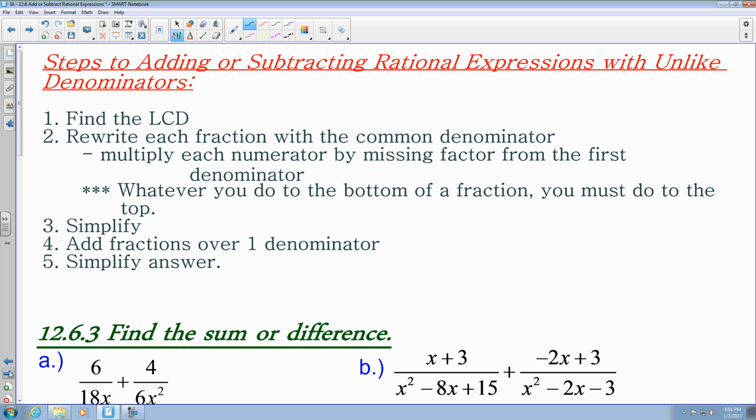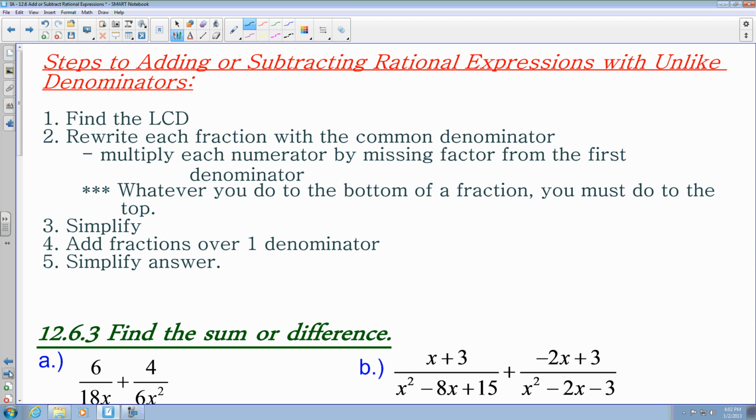You do that by what we did in those previous 3 examples in A, B, and C. Second thing you do is you rewrite each fraction with the common denominator, and then you multiply each numerator by the missing factors from the first denominator. Again, this is like whatever you do to the bottom of the fraction, you must do to the top. Once you do that, you simplify.